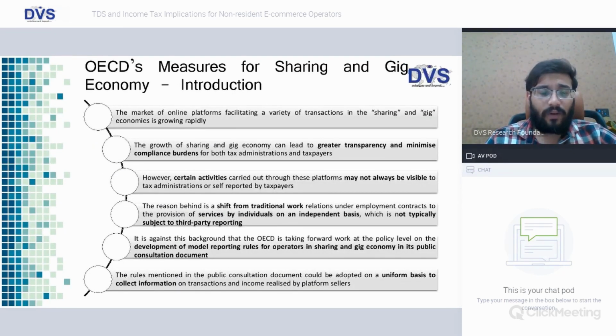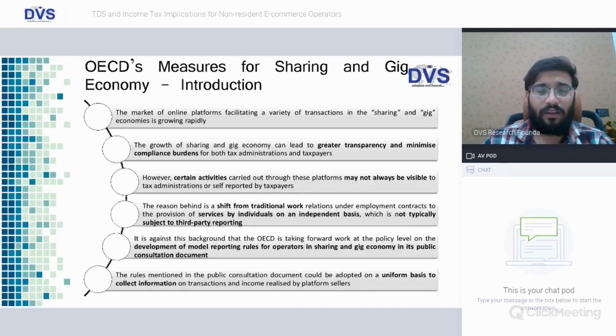The market of online platforms facilitating variety in sharing is growing rapidly. So, to ensure greater transparency and minimize compliance burdens, OECD came out with a public consultation document as to what would fall within the ambit of gig economy and what can be the taxability.